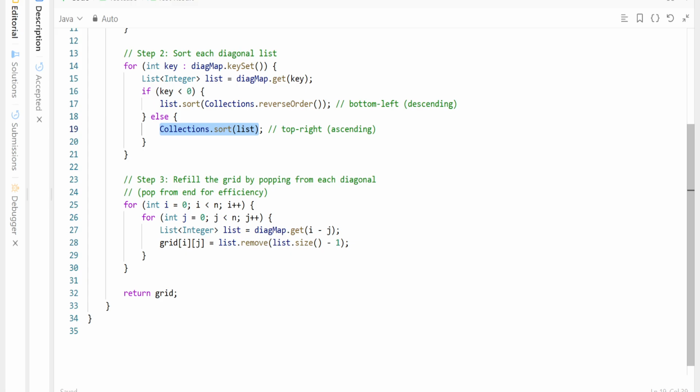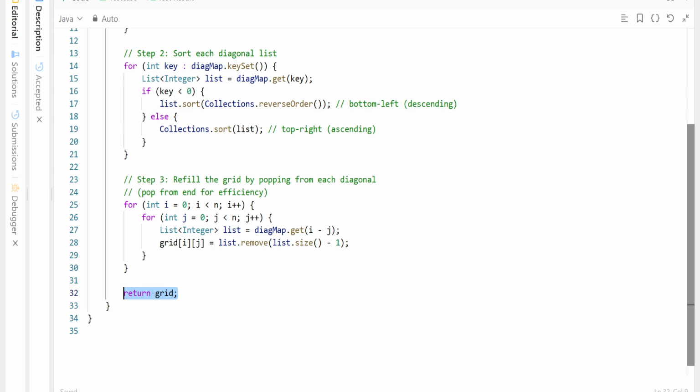Now once you have the sorted lists, you will iterate over the cells, and you will get the diagonal key i minus j. You will get the key again, the diagonal value, and for each i, j, you will keep removing the elements at each index, assigning the value on the grid, and the grid value will be replaced, and finally we return the grid.